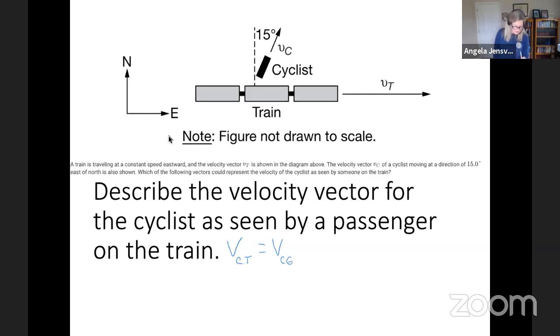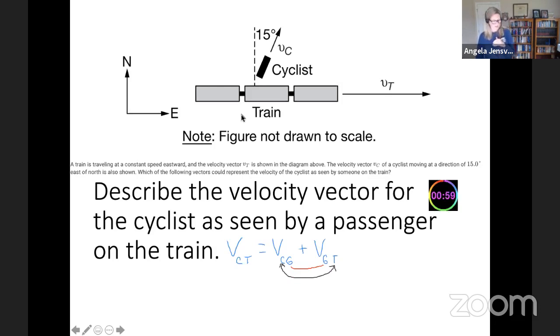They gave that to us. We want to add that to the velocity of the ground relative to the train. Whenever you do relative velocities, you want these inner subscripts to match, and you want the outer subscripts to be what you're looking for. We're looking for the velocity of the cyclist relative to the train. Okay, please try that. I'll give you a minute to do it.